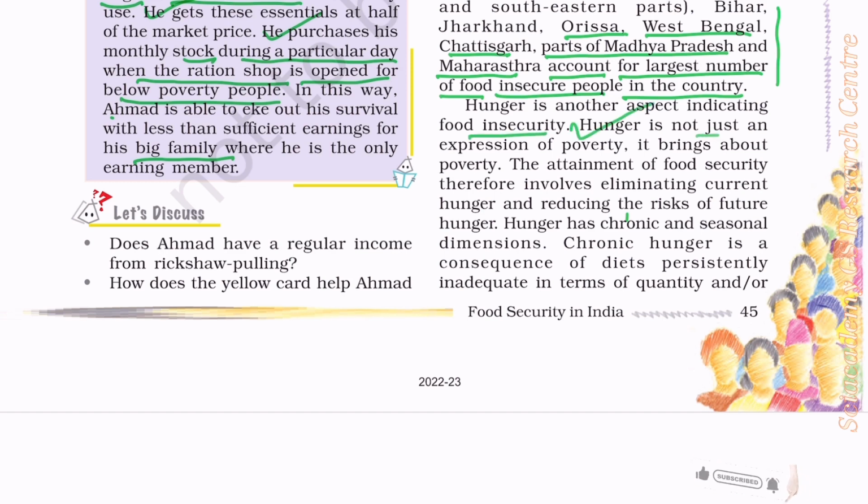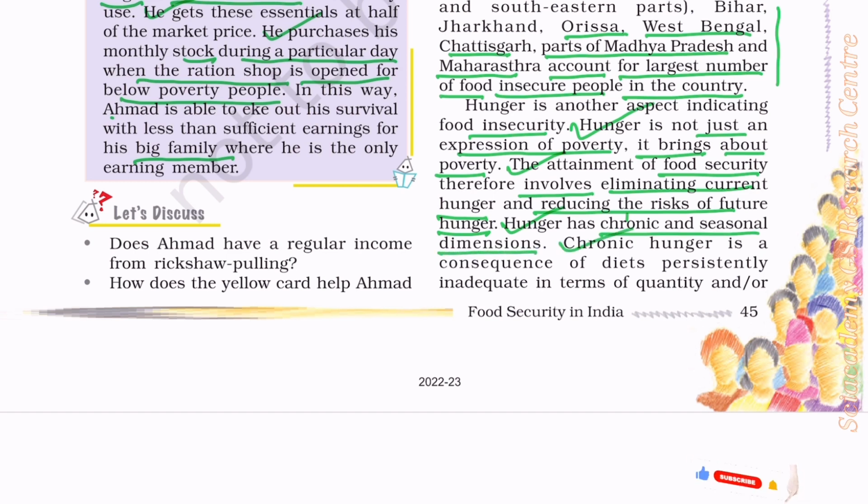Hunger is not just an expression of poverty, it brings about poverty. The attainment of food security therefore involves eliminating current hunger and reducing the risk of future hunger. Hunger has chronic and seasonal dimensions.